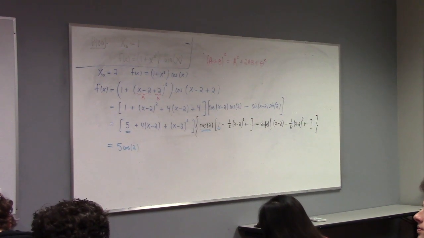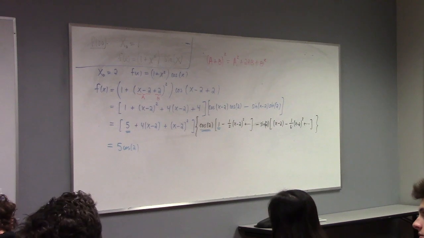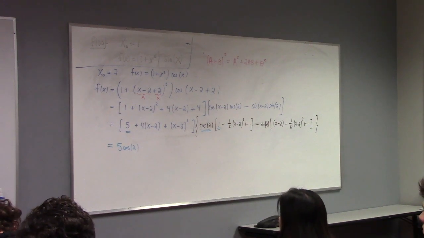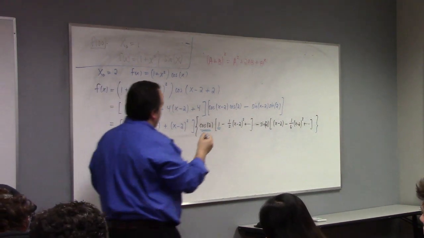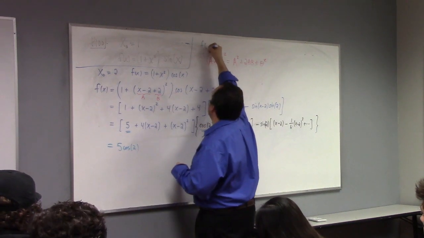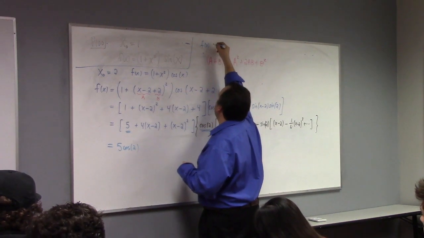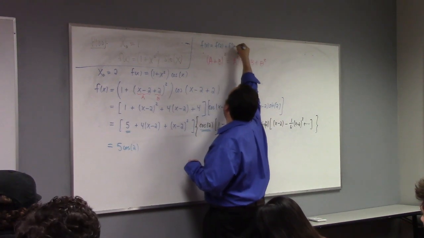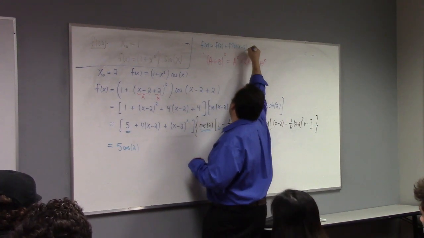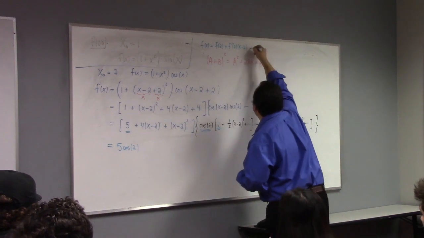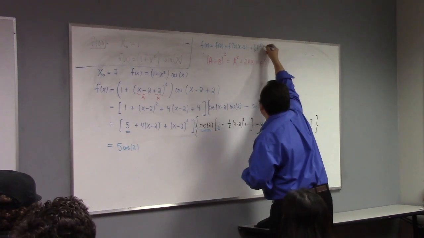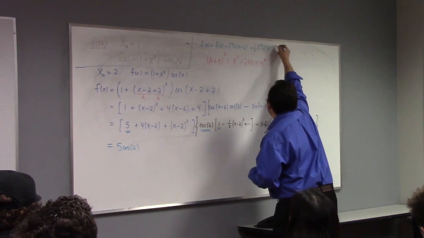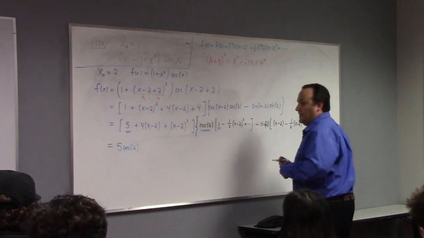By the way, that makes sense. That checks with what we expect, because what do we expect? We expect that f of x should be f of 2 plus f prime of 2 times x minus 2 plus 1/2 f double prime of 2 times x minus 2 squared, and so on.